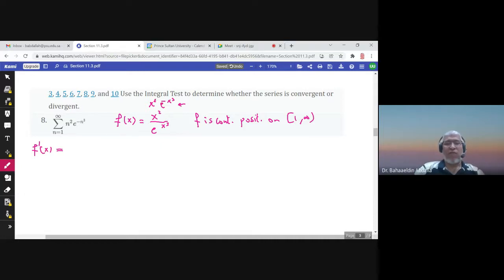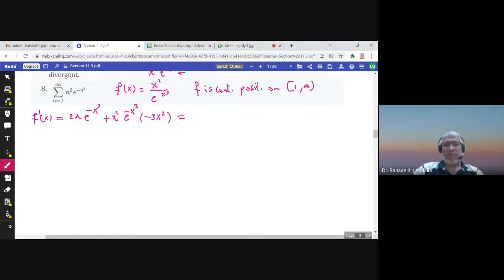So the derivative of x squared is 2x times e to the power negative x cubed plus x squared times the derivative of e to the power negative x cubed, which is the same, times negative 3x squared. To write f prime in its simplest form, I take x e to the power negative x cube as a common factor.